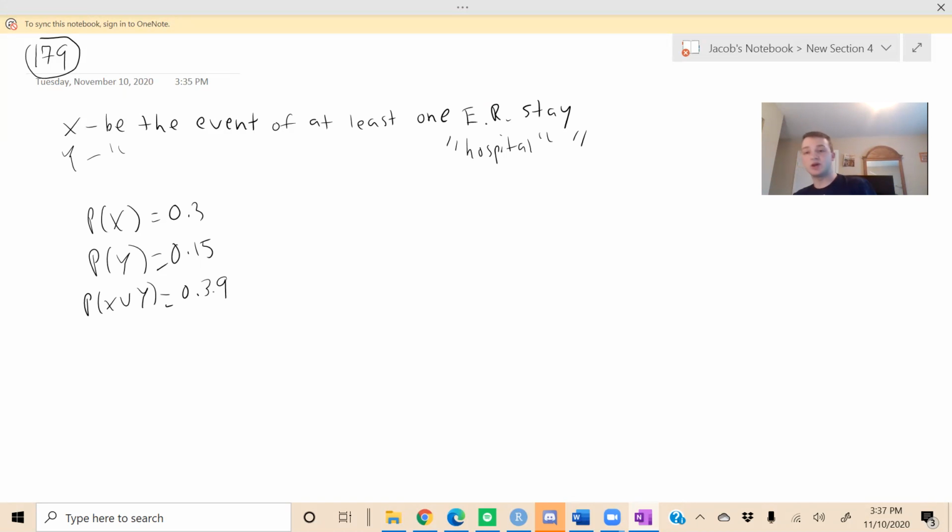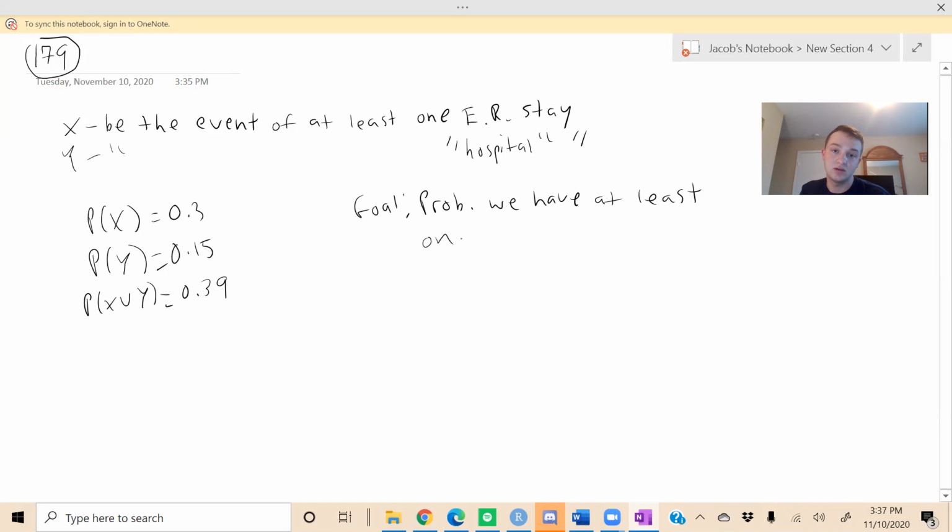Now, the goal is we need to find the probability we have at least one emergency room stay and at least one hospital stay.